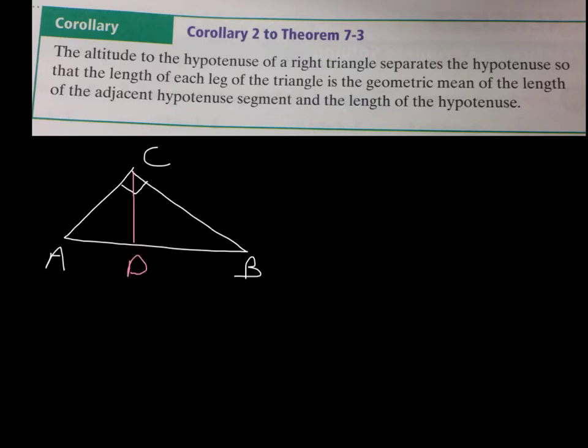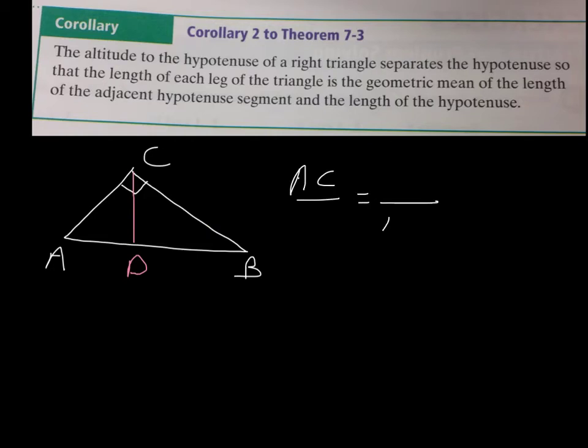Once again, let's look at triangle ABC with the altitude to the hypotenuse being CD, to see if we can better understand this. What they're saying is that each leg of the white triangle, in this case AC, is a leg of the right triangle.